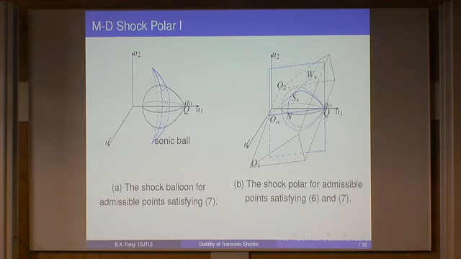From these equations, all admissible points satisfy the conservation of mass across the shock front. It is composed of a surface which is obtained from the 2D shock polar by rotation with respect to the U1 axis. So we call it a shock balloon.